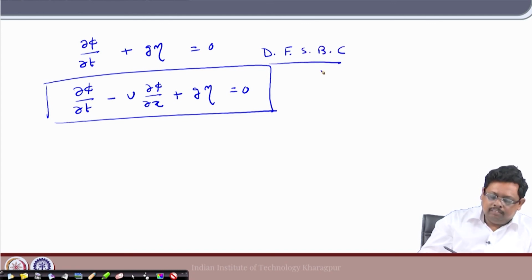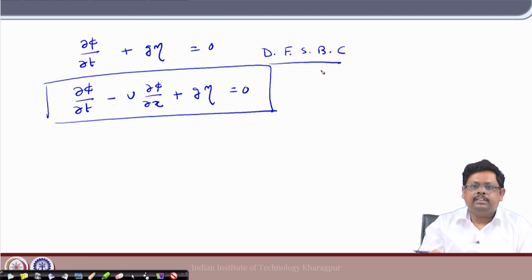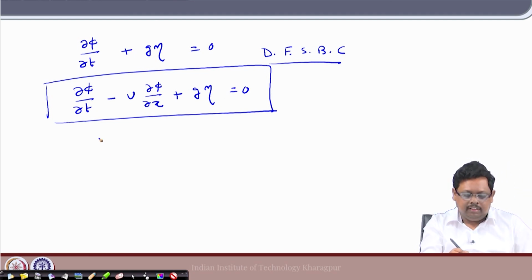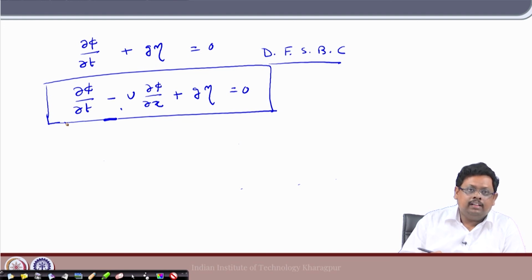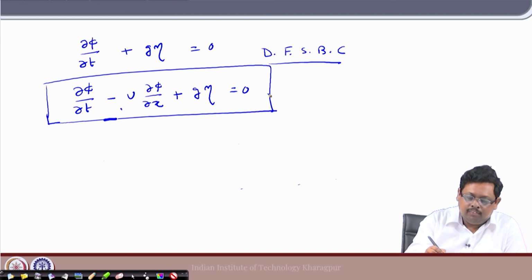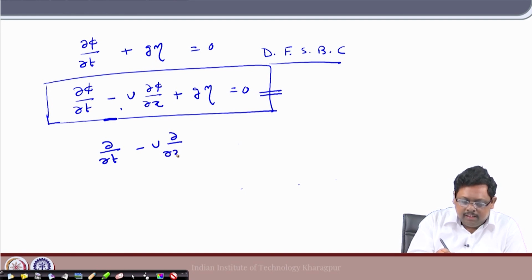Now, from here directly we can write the linearized free surface boundary condition. So, now let us try to write the combined free surface boundary condition. Now, how do I write it? From this equation I can modify this as del del t minus u into del del x whole squared phi plus g into phi z equal to 0.